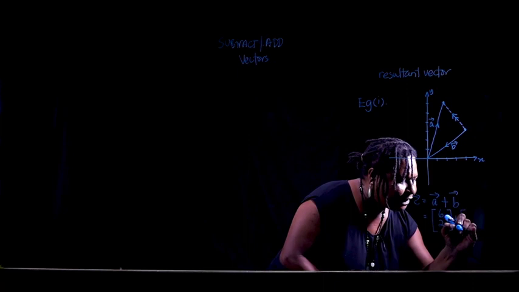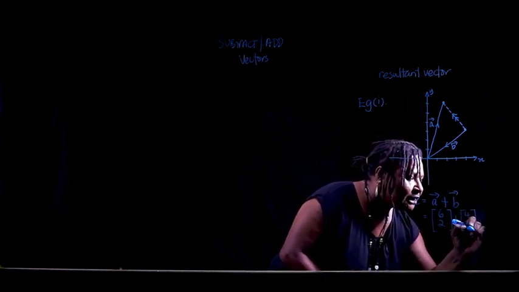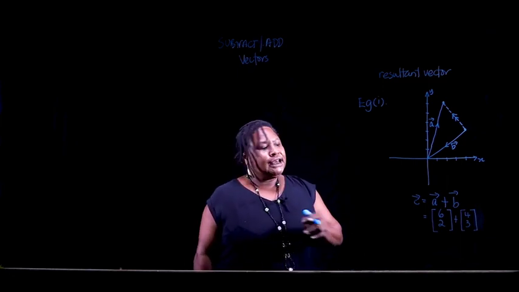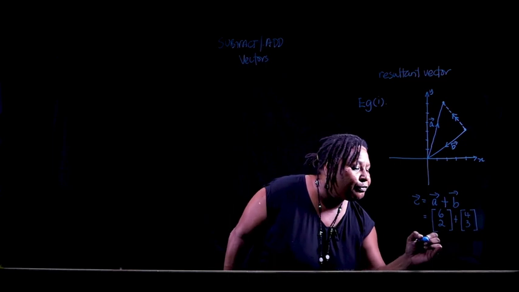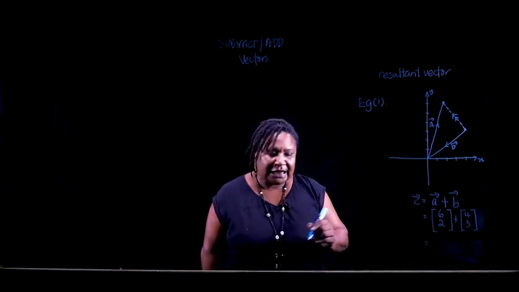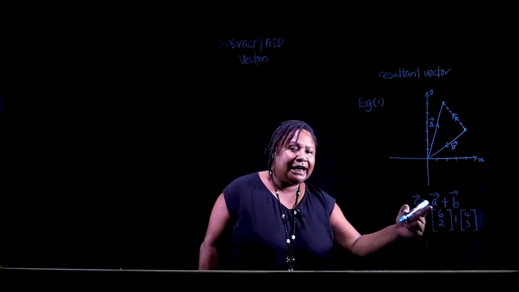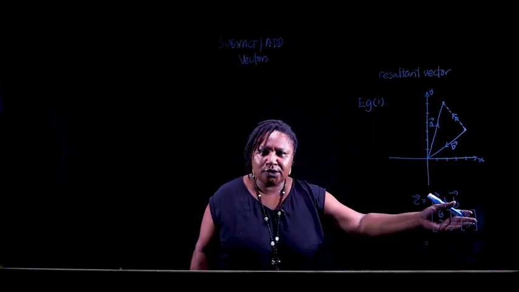Again, we write that in x and y components as a matrix. So we have vector A plus vector B. What are the x and y components of the resultant? We simply add the vertical components and the horizontal components.